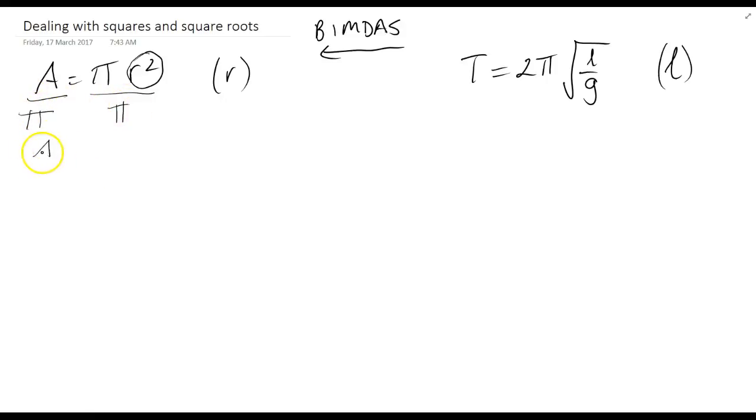and so far I've got A over pi equals r squared, because remember, pi divided by pi is 1. So now I am up to the indices part. I've got r squared here. I don't want r squared, I just want r. So I have to get rid of that square. This is where you need to know the opposite of squaring.